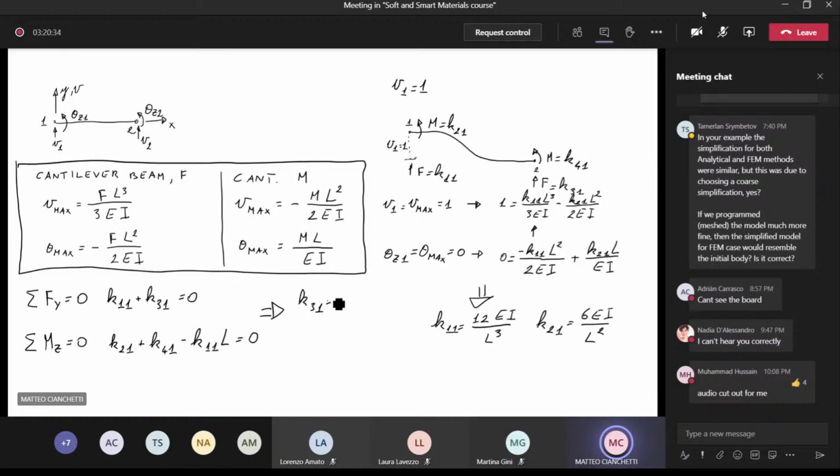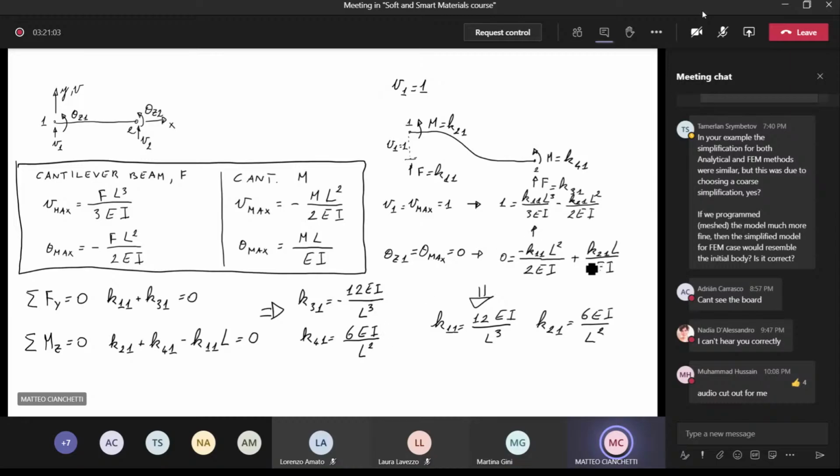K31 as minus 12 EI over L cubed and K41 equal to 6 EI over L squared.